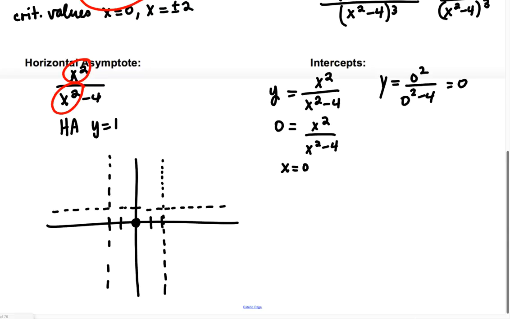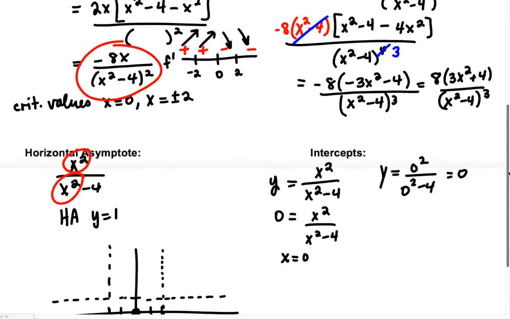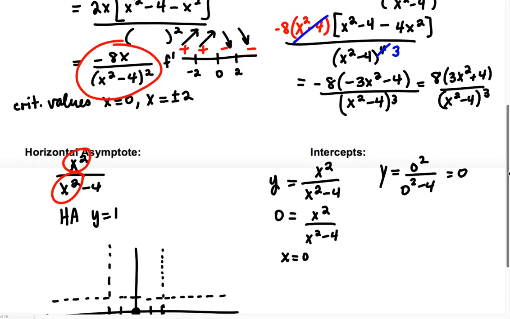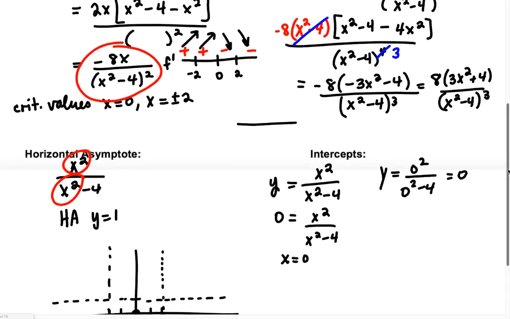We had our x and y intercept at the point 0, 0. We saw that it was increasing, increasing, decreasing, decreasing. And for our second derivative, I didn't put those on there yet, did I? We again had vertical asymptotes, and I like to draw that. Maybe I should draw that here too on my first derivative.